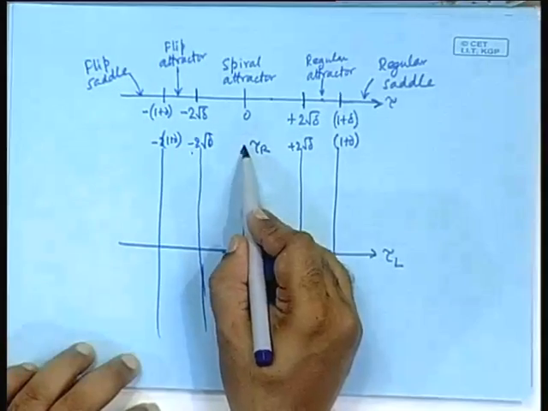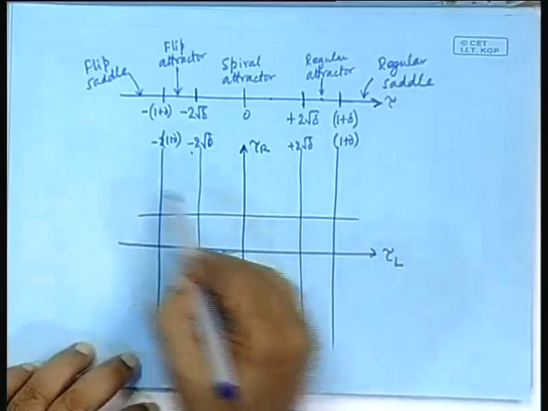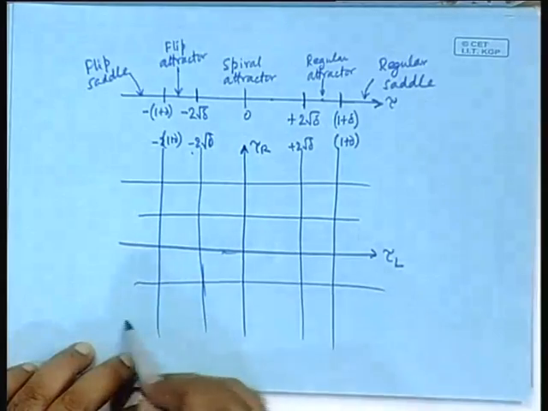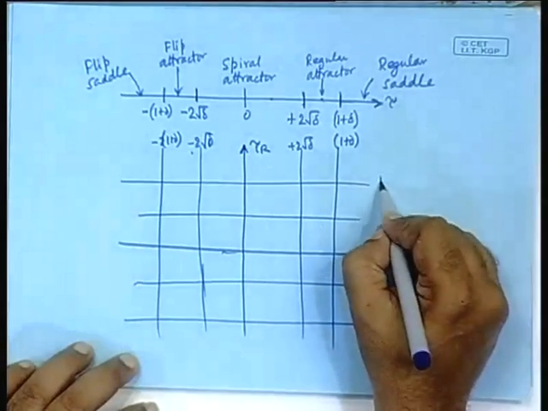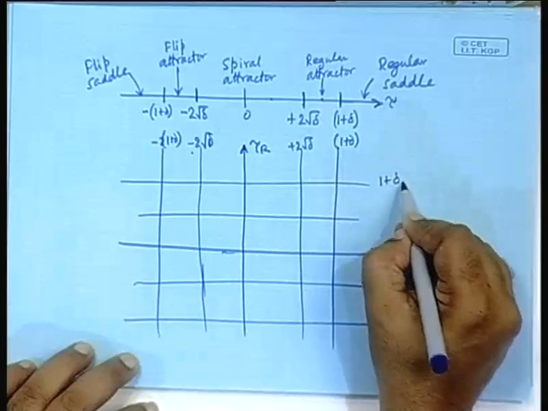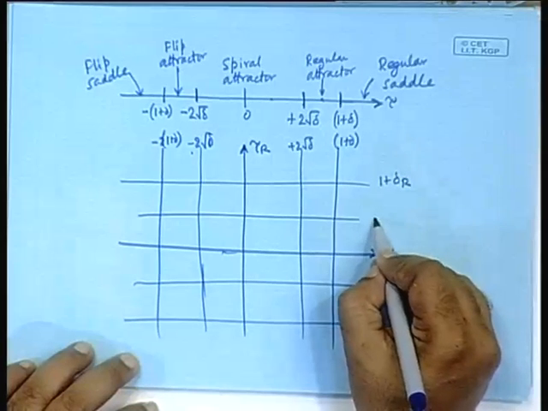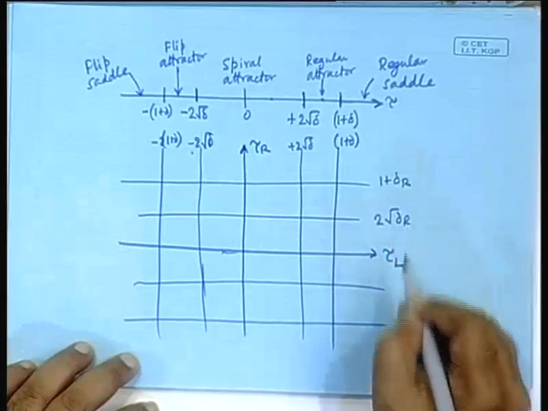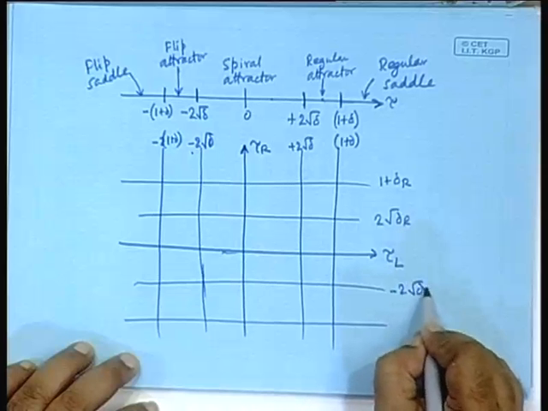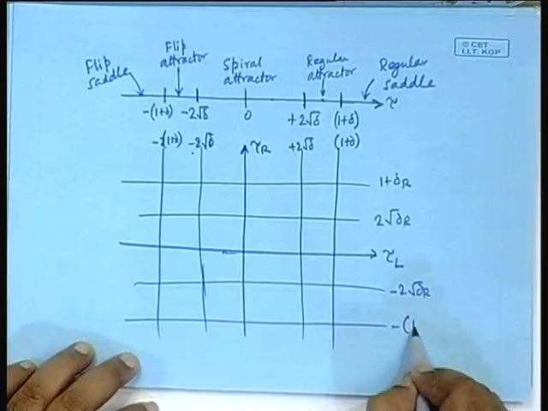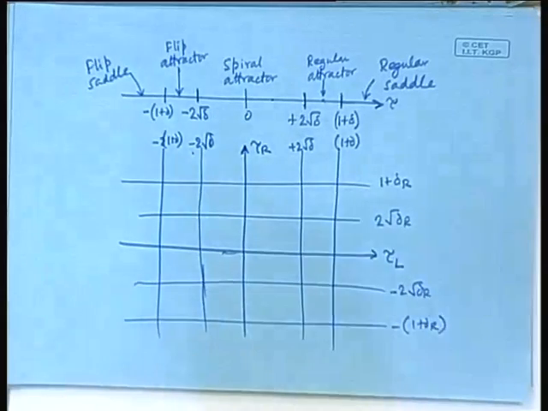Similarly, the trace in the right hand side will be again compared with similar things. This is 1 plus delta r, this is 2 root delta r, this is minus 2 root delta r, minus 1 plus delta r. Good.